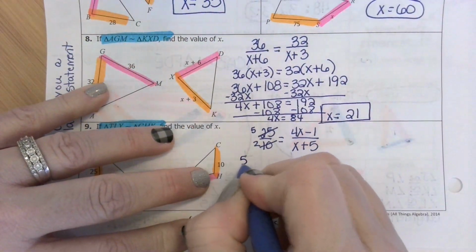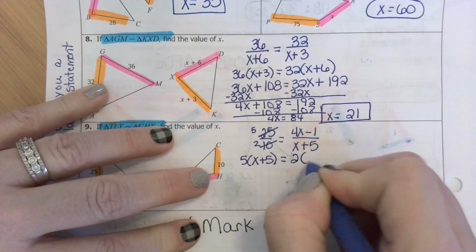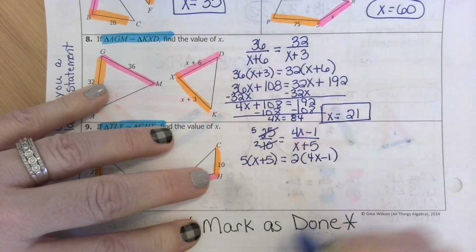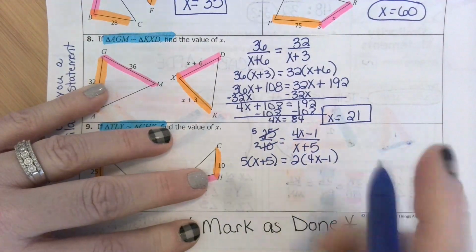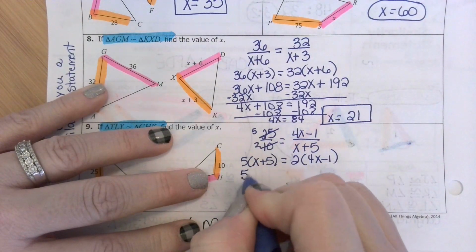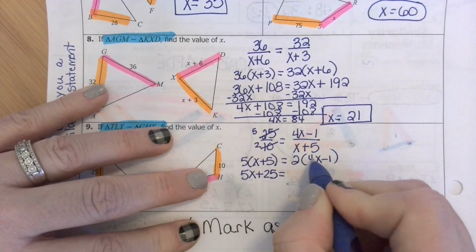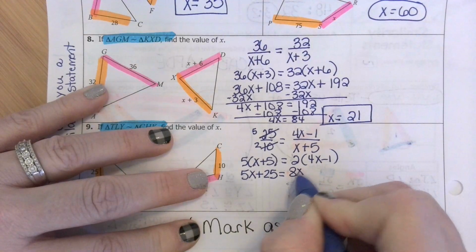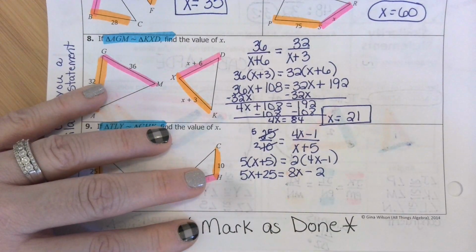So if I go 5 times x plus 5 and 2 times 4x minus 1, I like this because I can do all of this in my head. 5 times x, 5 times 5 is 25, 2 times 4 is 8x, 2 times negative 1. There's nothing that I needed to pick my calculator up for.